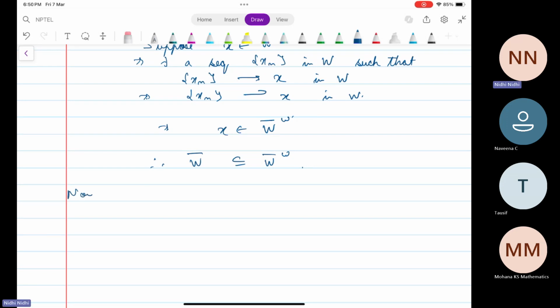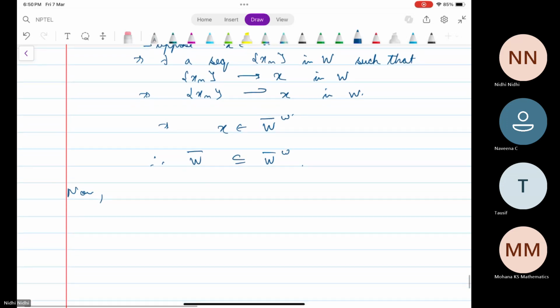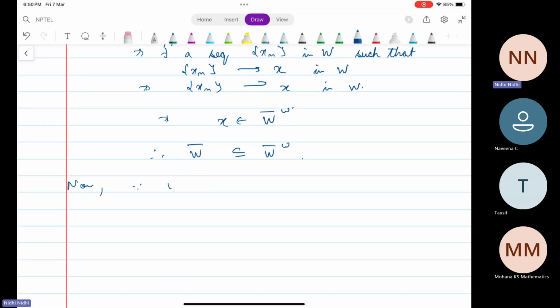Now, since the closure of W is strongly closed, clearly because this is a closed set, and convex, convexity follows from the fact that W is a subspace.